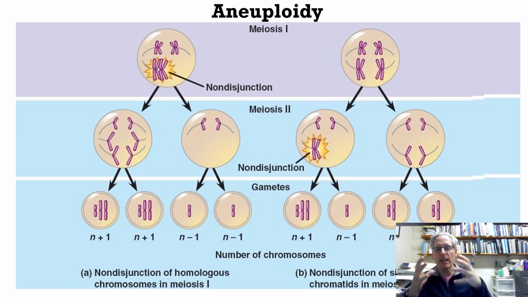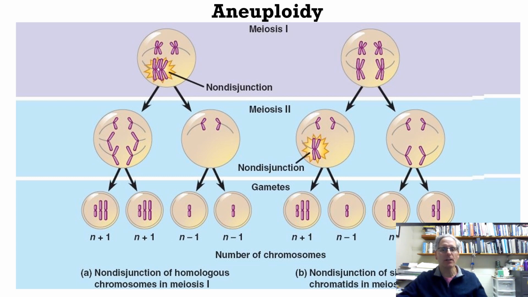Instead of having whole sets of chromosomes duplicated, you can also have single chromosomes duplicated or single chromosomes taken away. And these, again, are due to errors that occur during meiosis. So these will leave you with one extra chromosome or one missing chromosome. These are called aneuploidies.